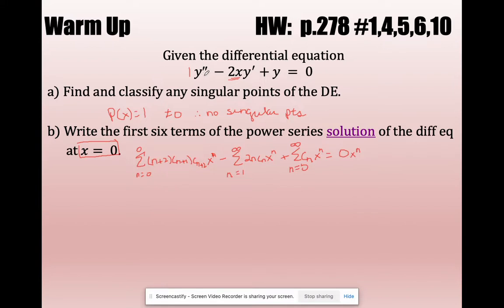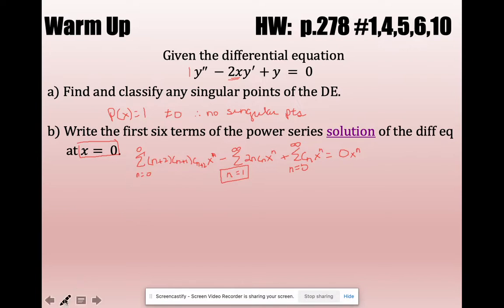Where I had x to the n minus 2, I added 2 all along here so that I got an x to the n. In here, I had x to the n minus 1, but when I distributed in the 2 and the x to the first, that automatically made that an x to the n, and this, of course, was already an x to the n. So now I have my highest index of n equals 1.